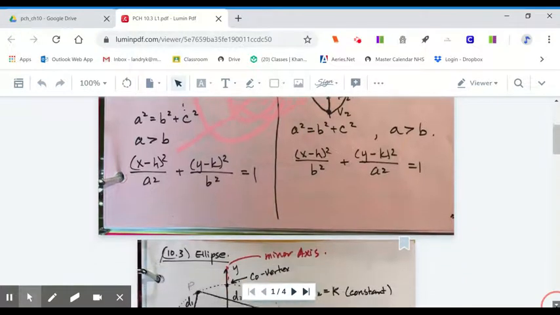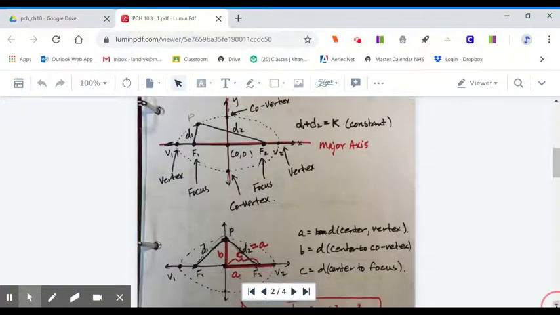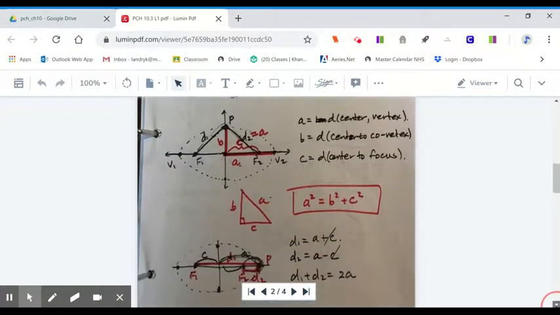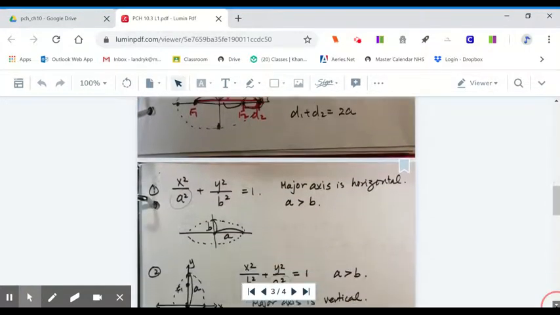Okay, so here is a kind of long explanation of major axis, minor axis, and how the ellipse is derived, but we're not going to spend too much time on that at this point.